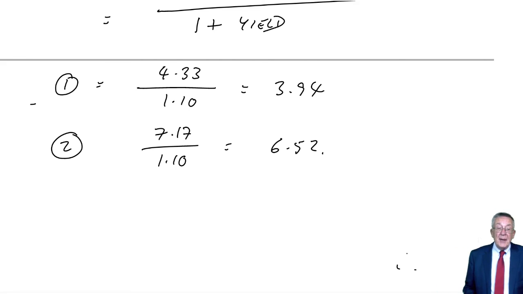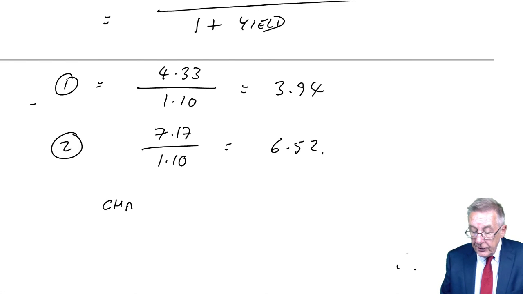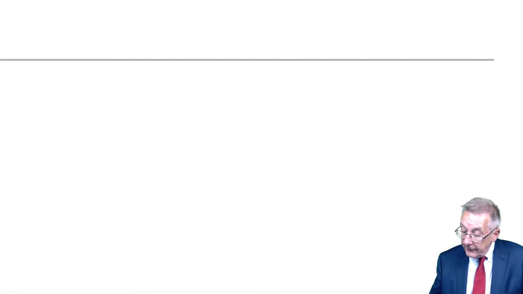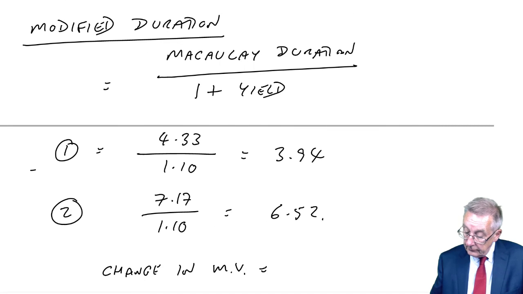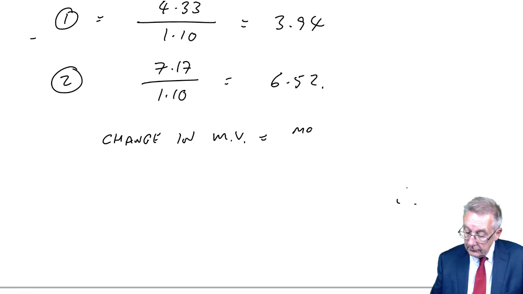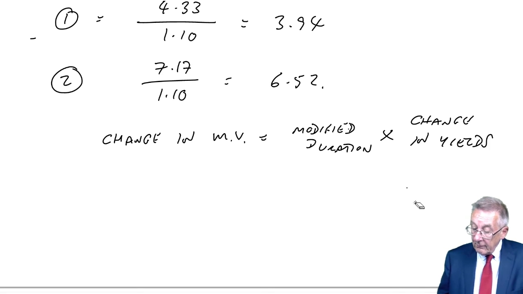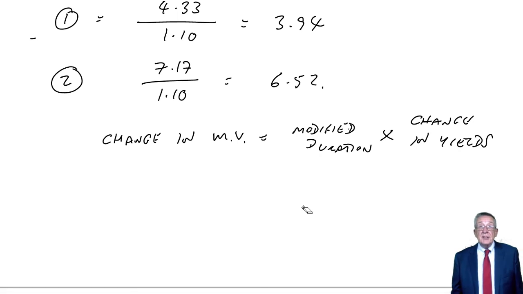Now that's stated over the following page, and you don't need those symbols. But basically, the change in the market value will be equal to the modified duration times the change in the interest rates, yields. So a direct measure of sensitivity.